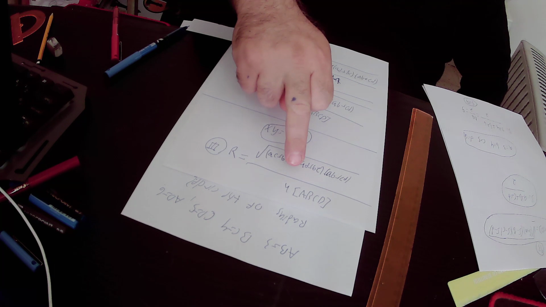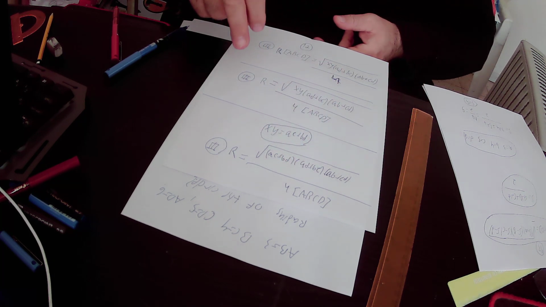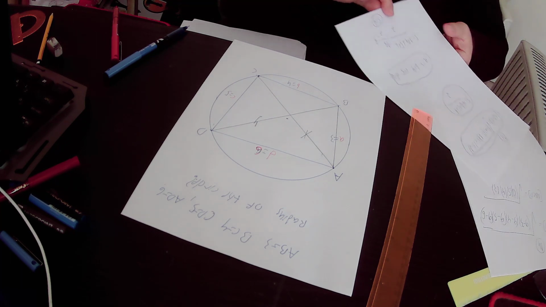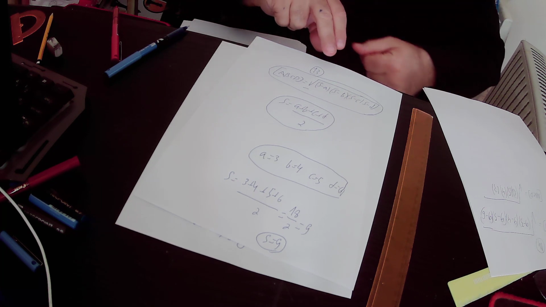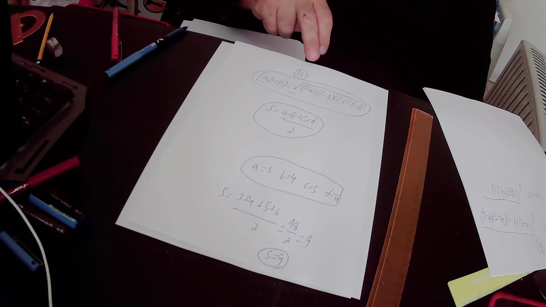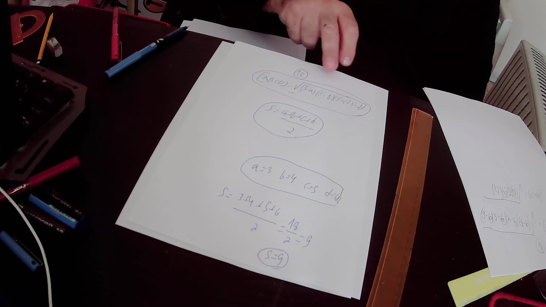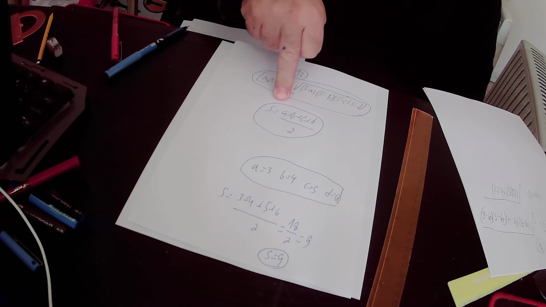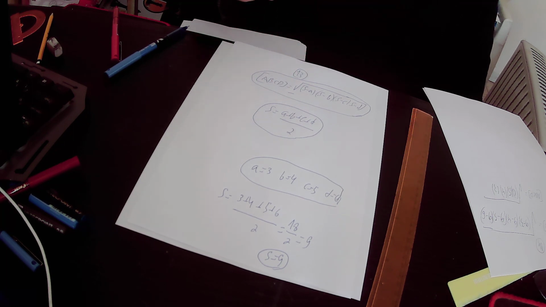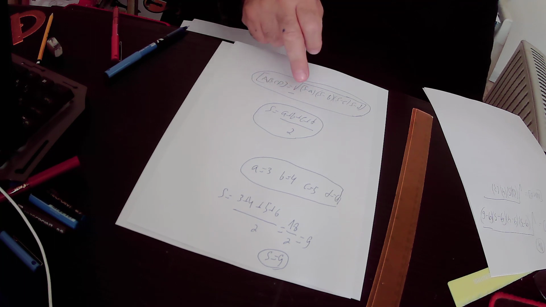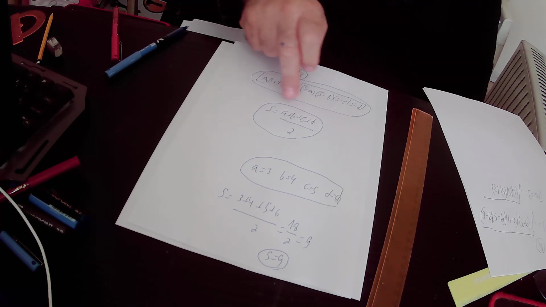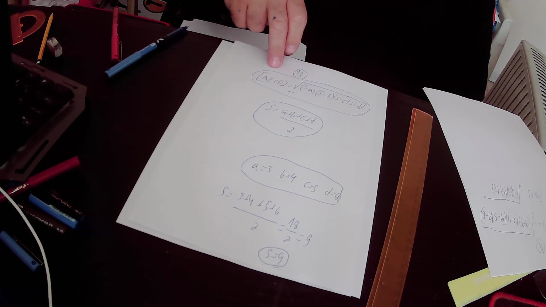So then we calculated the area of quadrilateral ABCD. According to rule number 1, the area of quadrilateral ABCD equals this expression. So we know the values of A, B, C, and D, and S equals A plus B plus C plus D over 2. So we have all the data, and the only thing left to do is to put the data inside this equality and find the area of quadrilateral ABCD.